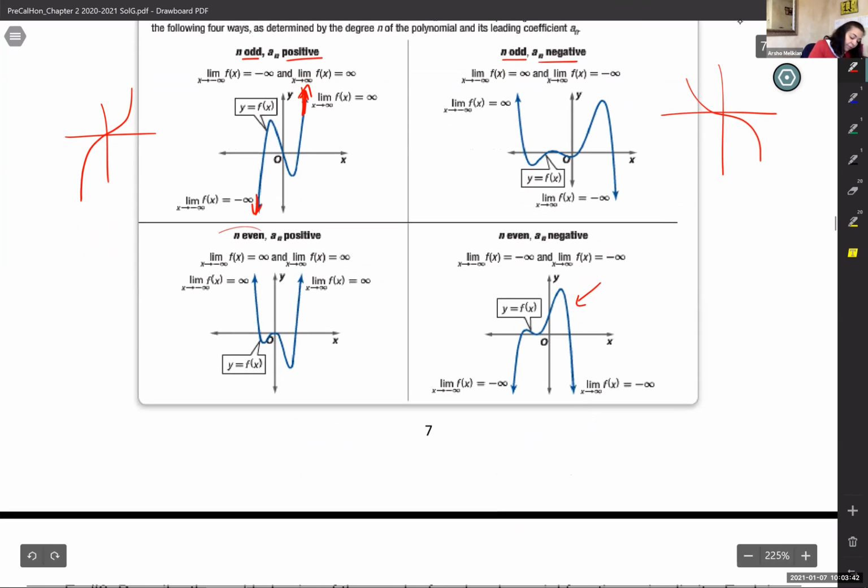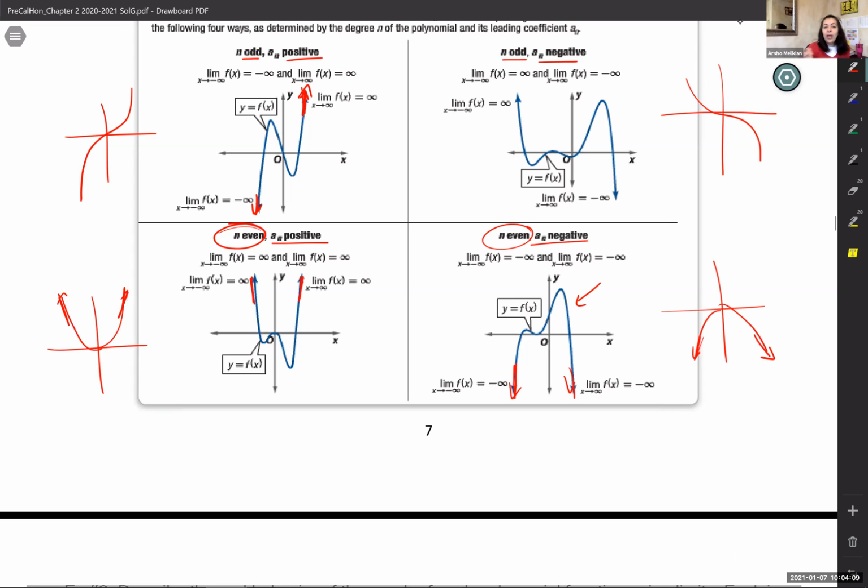If n is even with a positive coefficient, it's going to behave like one of these, right? You see how it behaves in the same way, both up? If n is even with a negative, it's going to behave like one of these. You see how both ends go down just like this one?